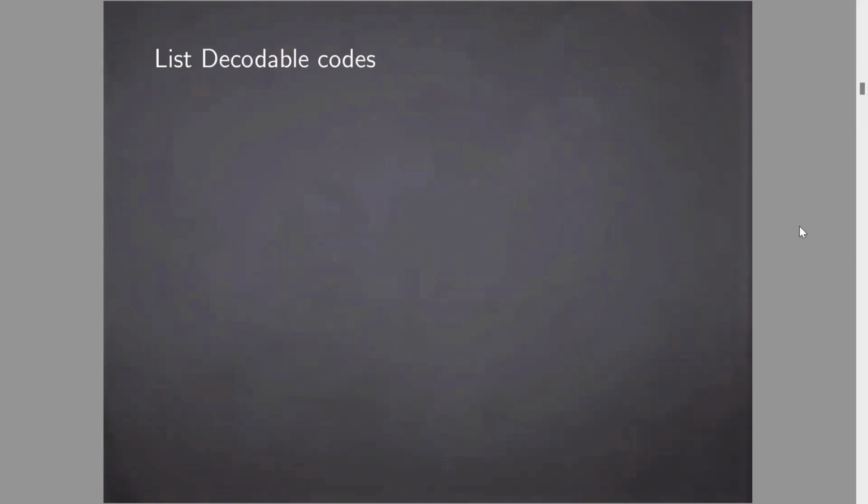We will be interested in a paradigm called list decoding, where we allow for a fraction of errors that is so large that we may not be able to recover a unique correct message from the corrupted code word. Instead, we can only hope to recover a small list of possible correct messages.